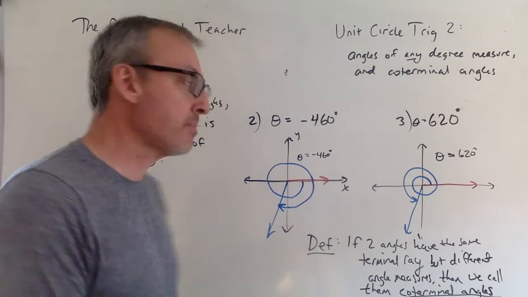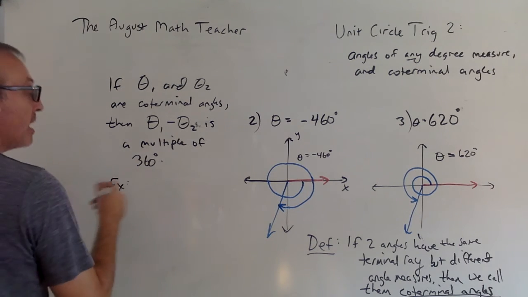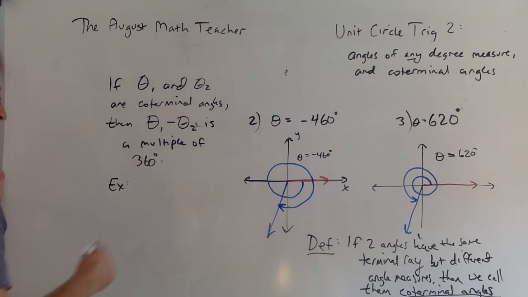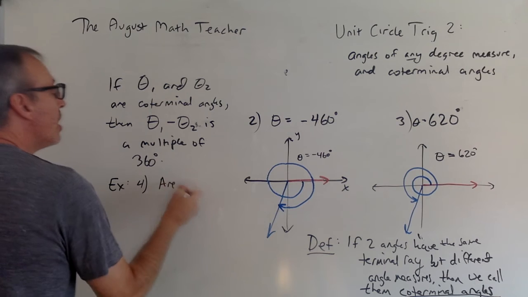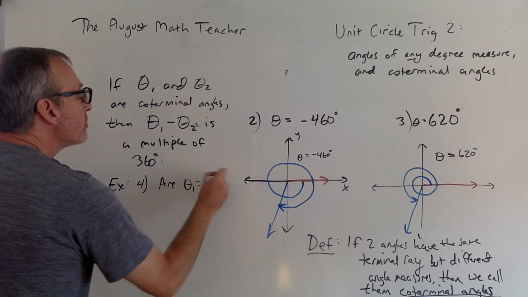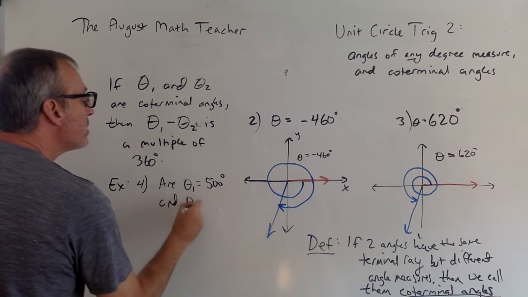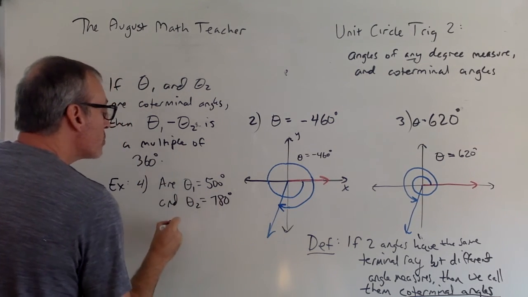So a final example in this one is different than these, but a related problem. So here's the fourth problem, is to answer this question. Are theta 1 equals 500 degrees and theta 2 equal to 780 degrees coterminal or not?